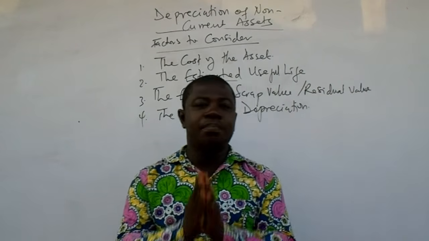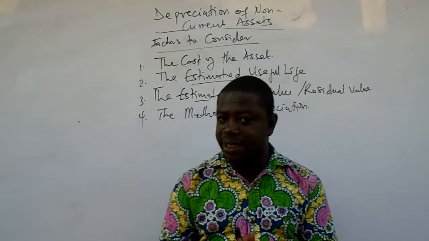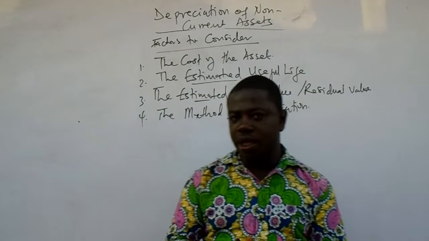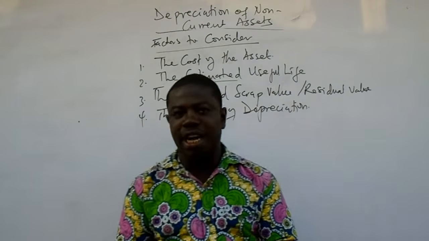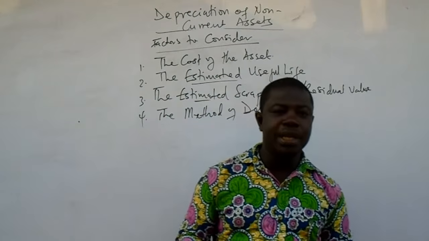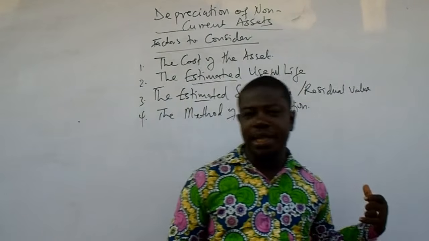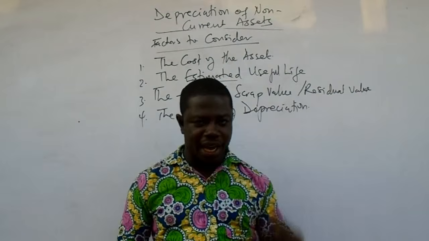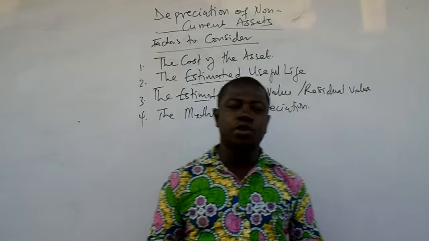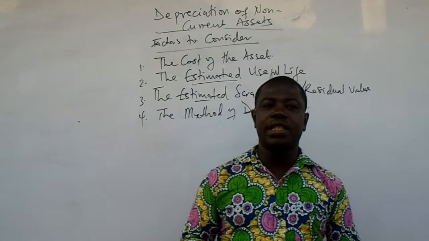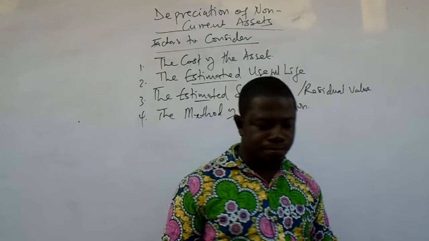And then, as much as possible, should be consistent with the method that has been chosen for that particular class of assets. And so that is what we mean. And so we are going to look at the various methods of depreciation that we have, and then try and understand how to go by them before we even start looking at examples.